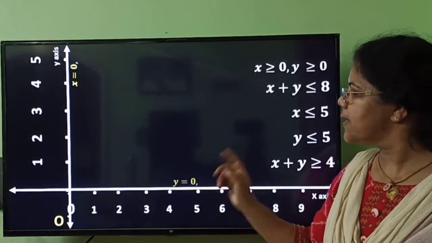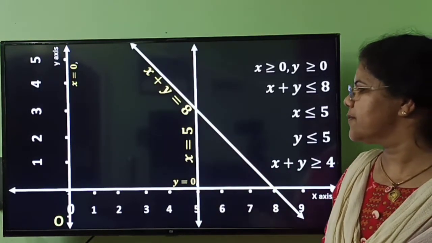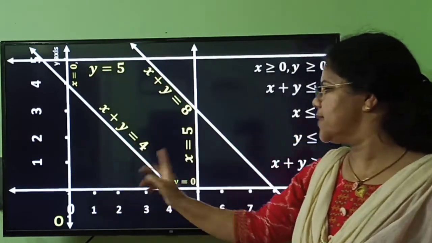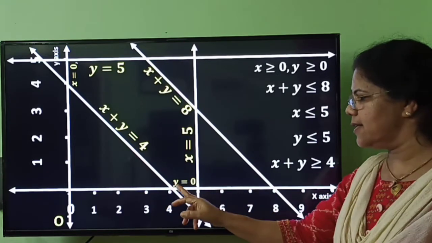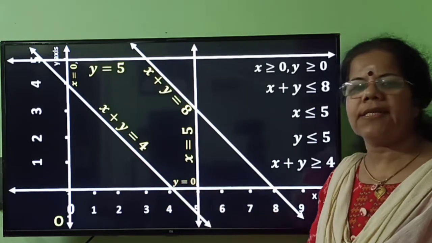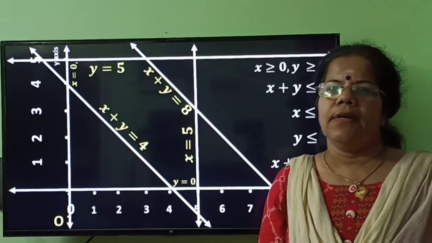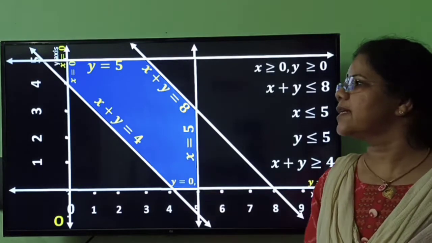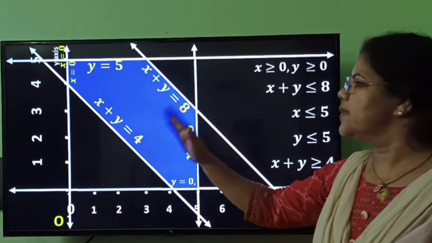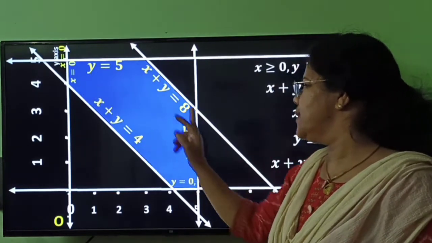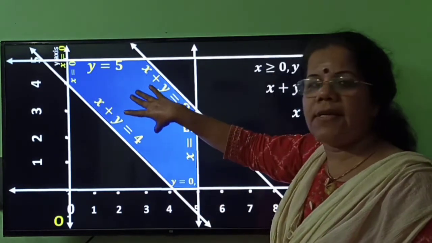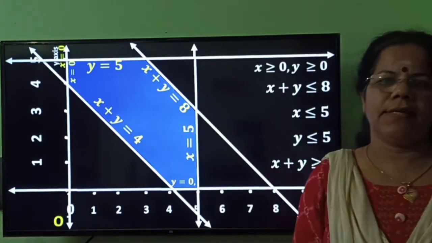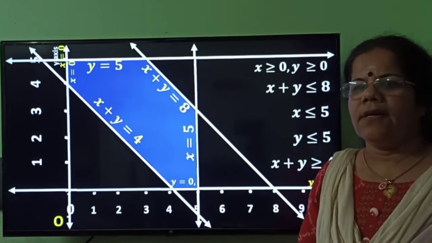Now for that, one by one: x plus y is equal to 8, x equal to 5, y equal to 5, x equal to 0 which is the y-axis, x plus y is equal to 4, and this is the x-axis, whose equation is y equal to 0, right? Now, which is the feasible region? Here, the shaded portion is the feasible region, satisfying all these constraints, and the points in this region will satisfy all these constraints, right? Now what is the next one? Corner points.